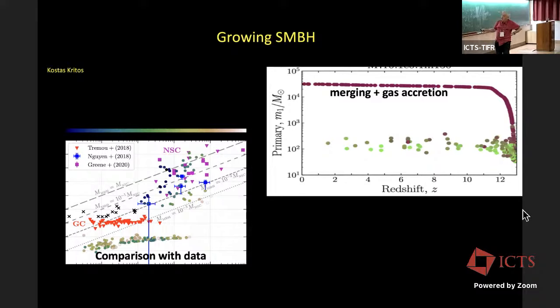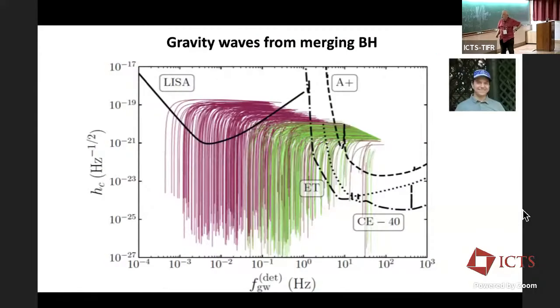This is just a comparison of the models with actual data on nuclear star clusters. There's lots of overlap of points. I won't go into that. It's not a terrible comparison. But what's really interesting are the predictions for the future generations of gravity wave telescopes. This shows you the sensitivities of LISA, our space interferometer measuring low frequency gravity waves.